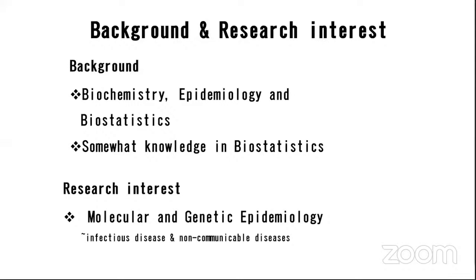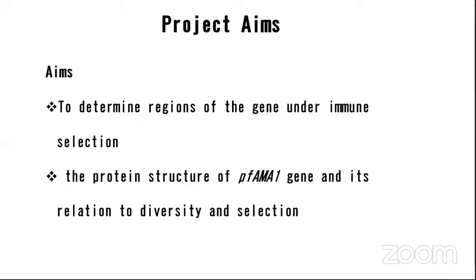So this project is an extension of my PhD work, where we did sequence the apical membrane protein. And a little background into that is the apical membrane protein is a transmembrane protein that is released onto the surface of the merozoite during invasion of merozoites into erythrocytes, that's the RBCs.